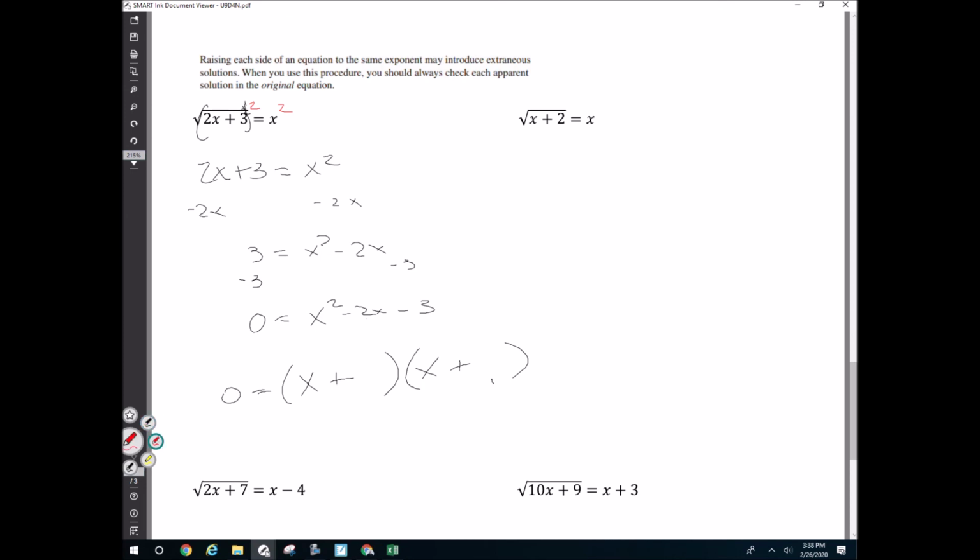We are looking for two numbers that add to get -2 and multiply to get -3, because if you remember distribution, x times x is x squared, x times this number and this number times x, I add those two together. They're like terms. And then I have the number times the number. -3 and +1, my friends. I get two solutions, -1 and 3.